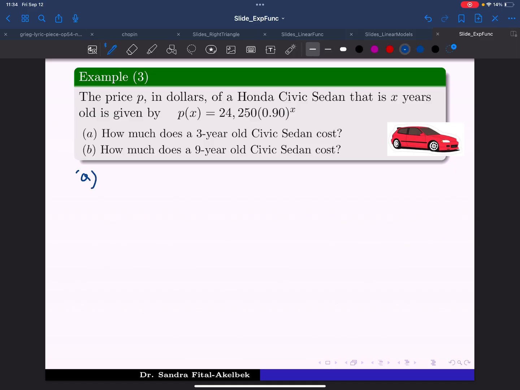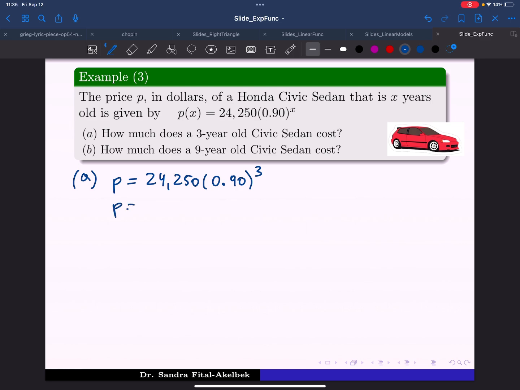So part A, we have P equal to 24,225 times 0.90 to the power 3. And make sure you know how to type this on the calculator.